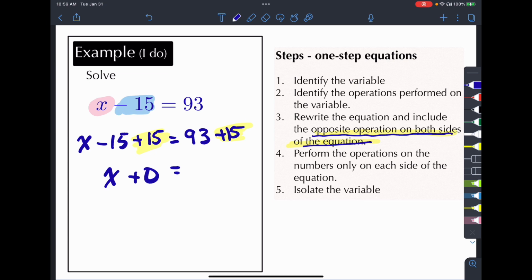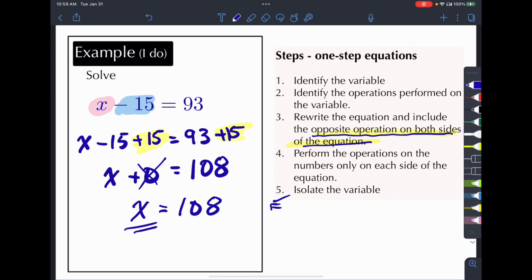And on the right side, we have 93 plus 15 is 108. Once again, the 0 is redundant. We don't need it. So we can perform step 5. x is isolated on the left side, and we have a nice equation that says x is equal to 108.